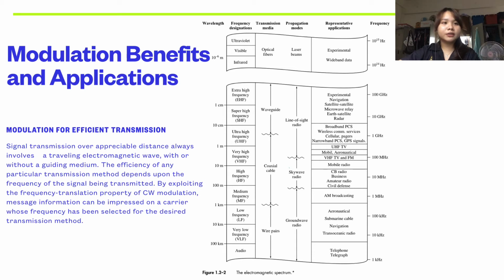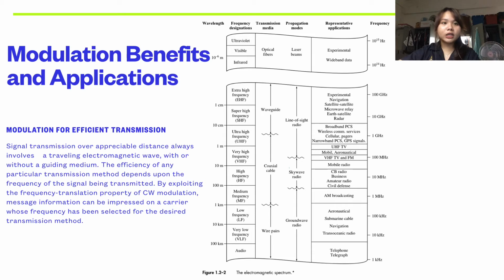For reference purposes, Figure 1.2-2 shows those portions of the electromagnetic spectrum suited to signal transmission. The figure includes the free space wavelength, frequency band designations, and typical transmission media and propagation modes.